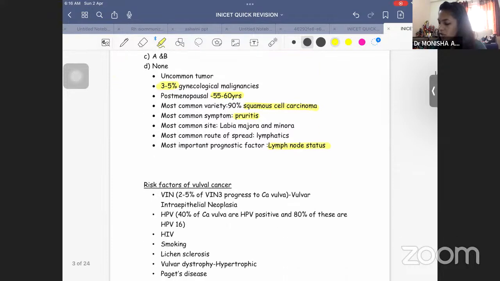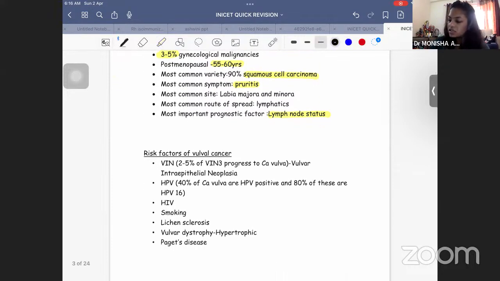What are the risk factors for vulval cancer? This is also a previous year question. So you should know all the risk factors. At least these are the risk factors. One is VIN, that is vulvar intraepithelial neoplasia, and HPV. 40% of carcinoma vulva is HPV positive, and 80% of these are HPV 16.